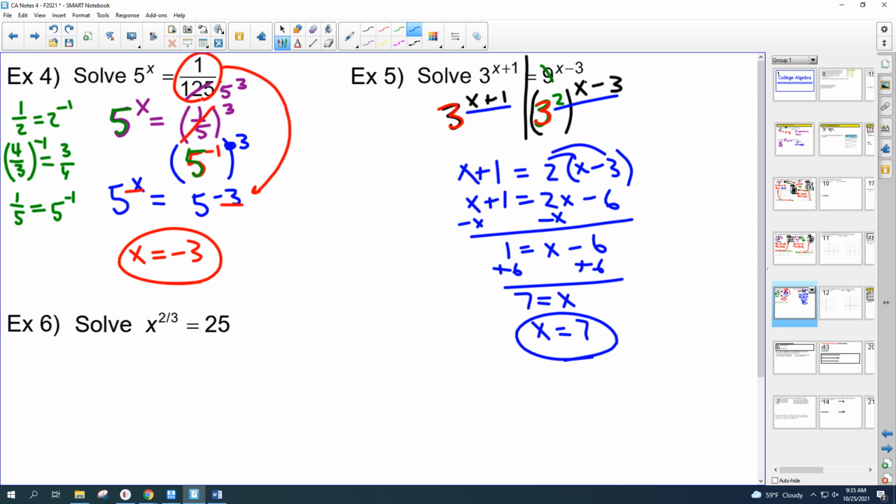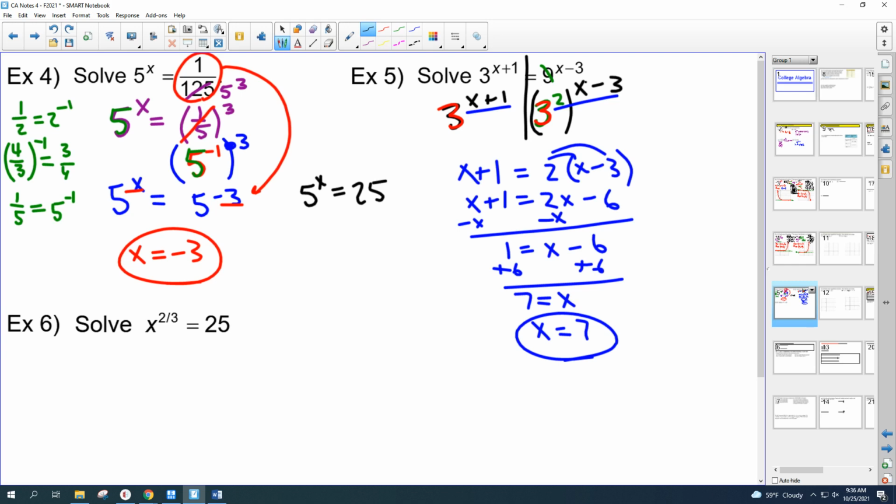Now, if you don't understand that, let's do another example real quick. If I said 5 to the x equals 25.